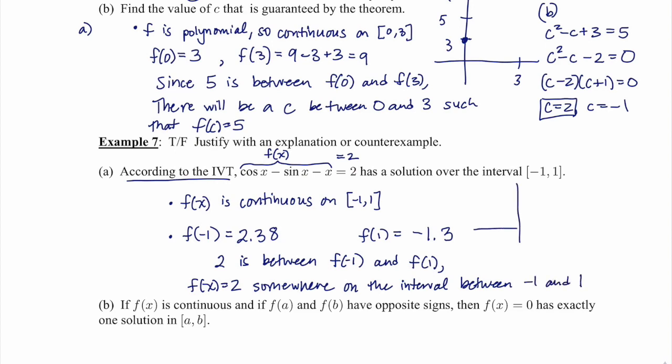So again, I have this picture. I know that f of negative 1 is 2.38. And I know that f of 1 is negative 1.3.